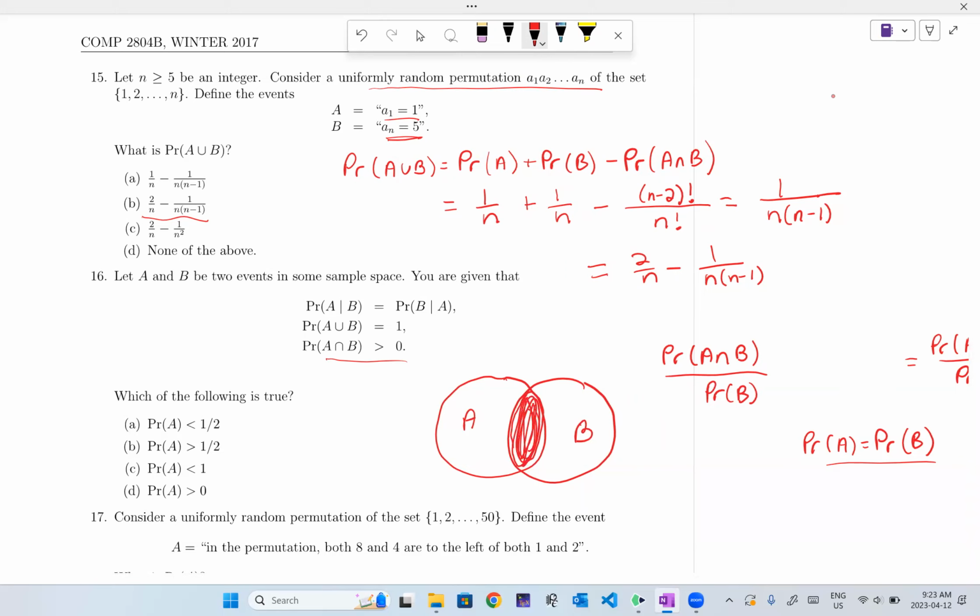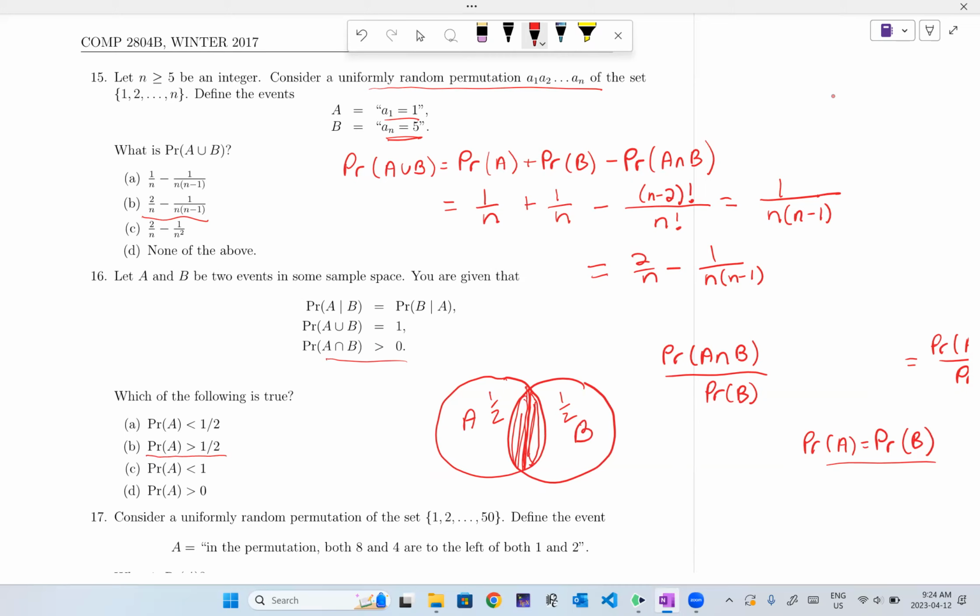So what does that tell us about A and B? Let's say I divide this right down the middle. Everything to the left of this red line inside A is a half, and everything to the right is a half. So A is 1/2 plus this, and B is 1/2 plus this. So the probability of A is going to be greater than 1/2.